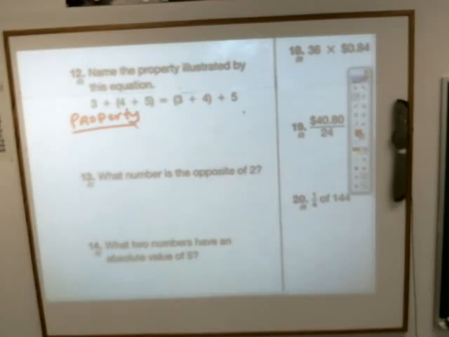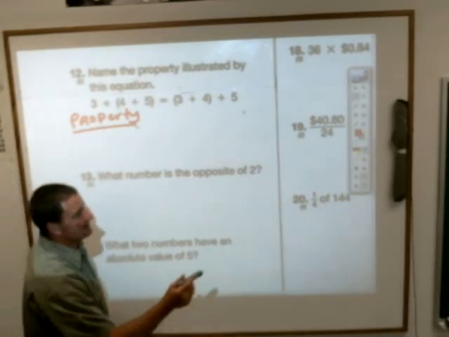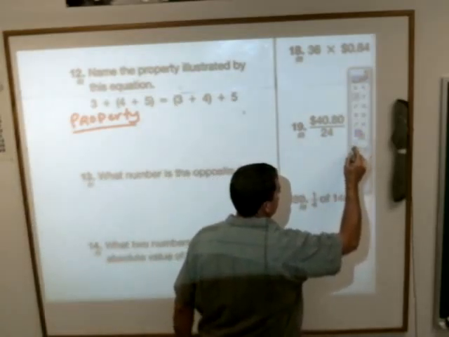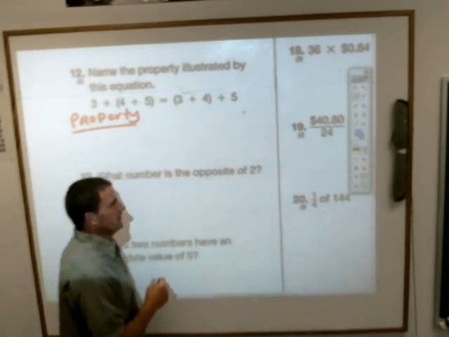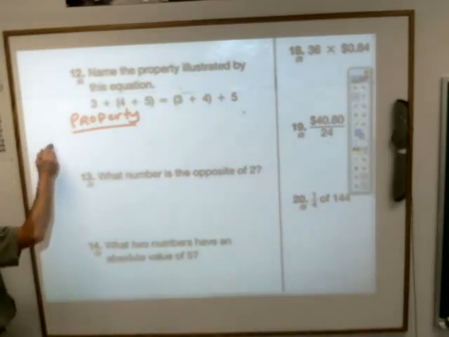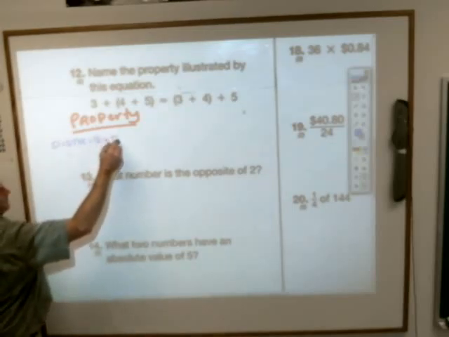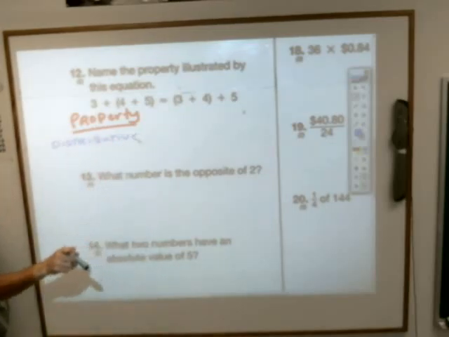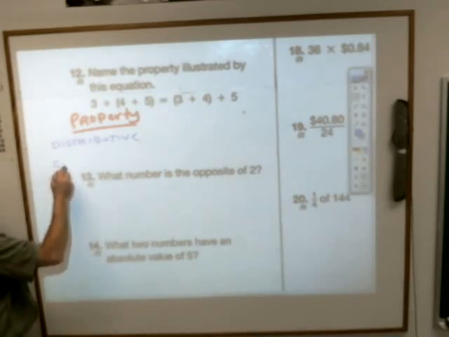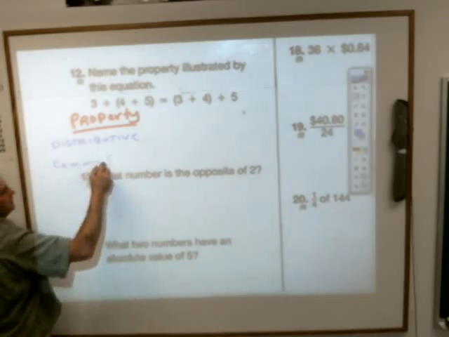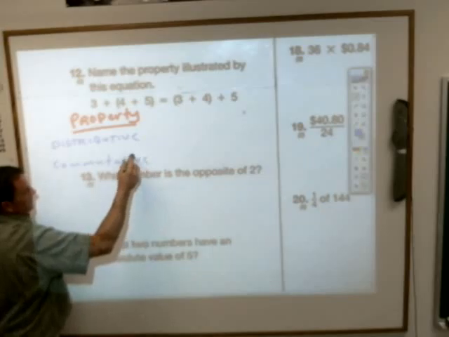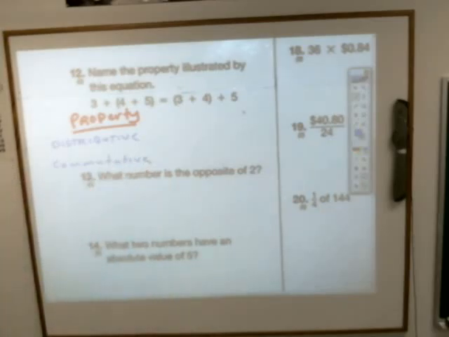Let me just throw at you, Lauren, I'll get you in just a second, the different properties that I want you to think about. We had the distributive property, right? Somebody said. And Hannah, you said the commutative. Other properties we have, well, there's the zero properties, which this obviously isn't.